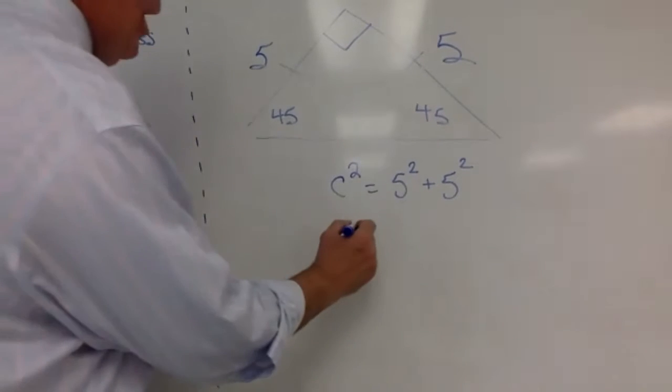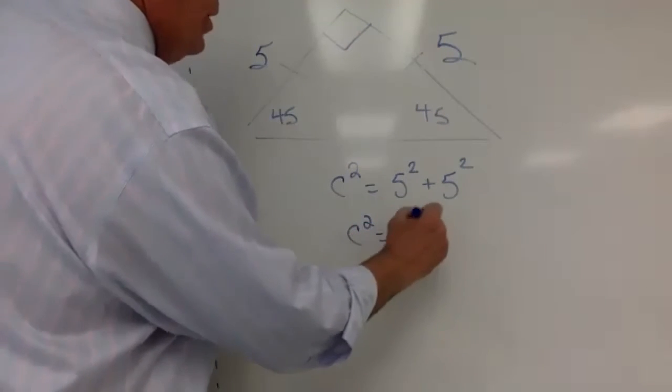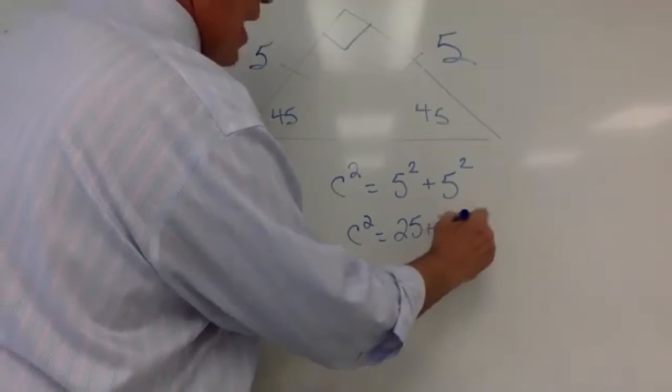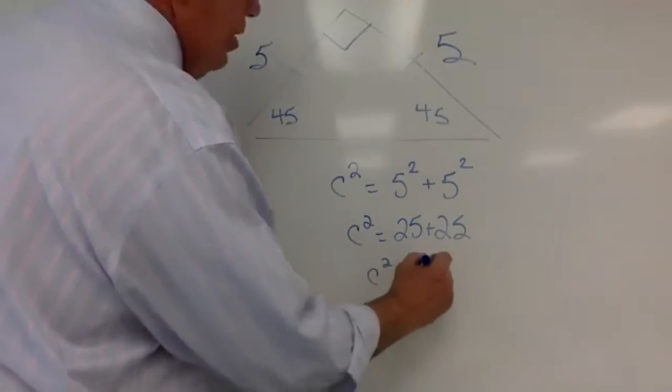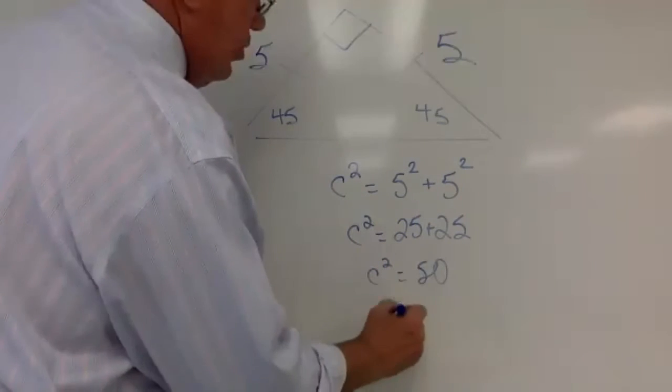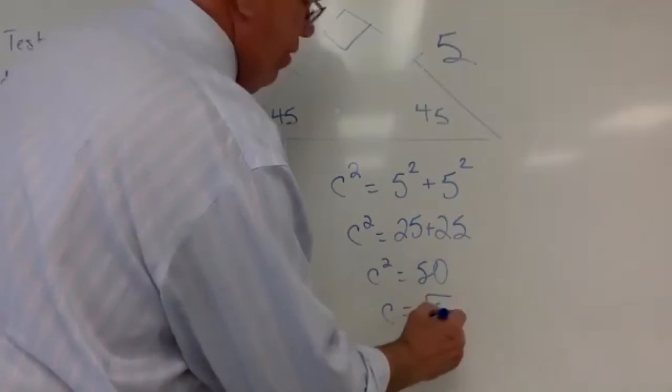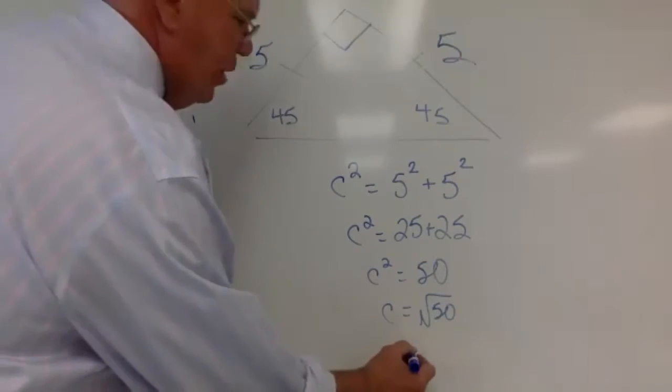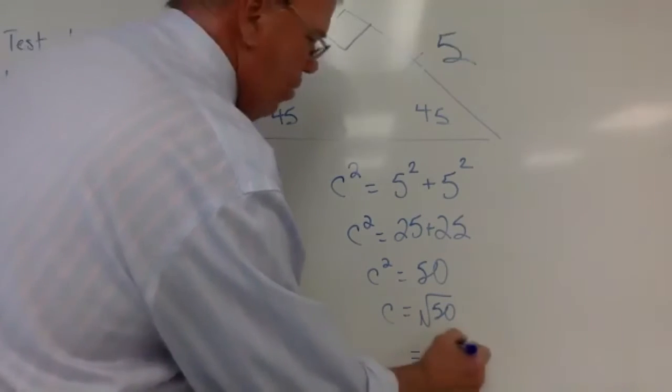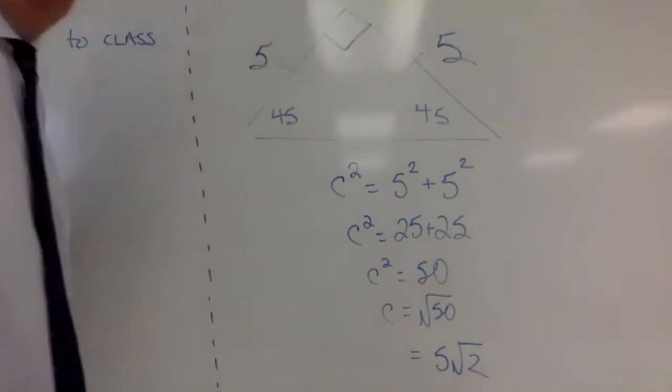Yeah, so if I do that, c squared equals 25 plus 25. C squared equals 50. So c is the square root of 50. And if I reduce that, I get 5 radical 2.